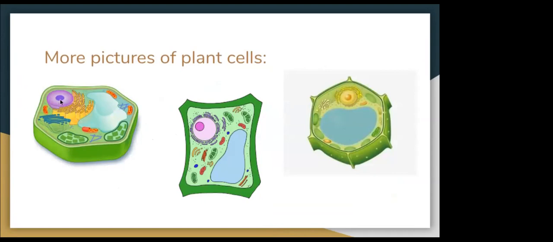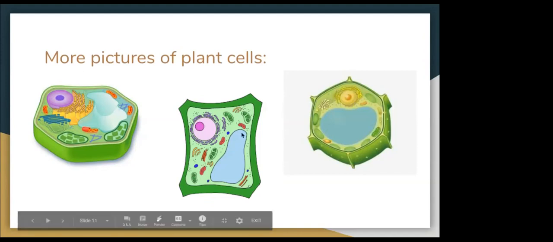They have the nucleus with the chromosomes around them. And in all 3 of these, it's yellow instead of purple. And then they have the green chloroplasts that make the food in all 3 of these. They have the mitochondria that turn the food into energy. That's these orange ones in all 3 of these, kind of more yellow here.